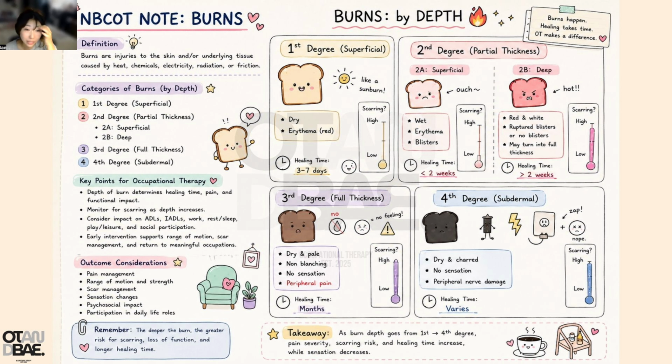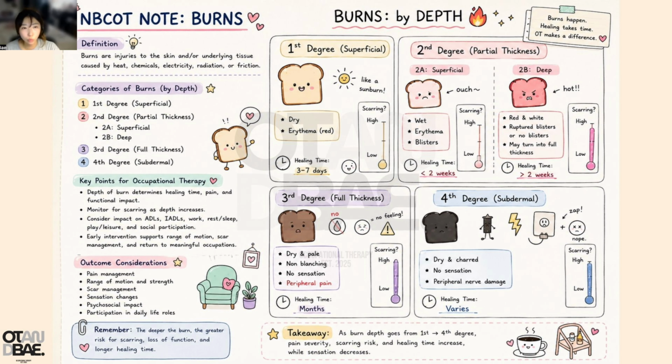Even though this is the least severe burn, it can actually be very painful. Why? Because all of the nerve endings are still intact, right? Nothing has destroyed them. So when you touch the skin, those nerves are still sending pain signals to the brain. The good news is that healing usually happens within several days without significant scarring.